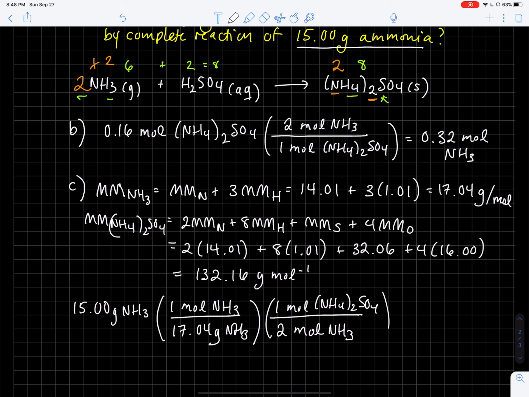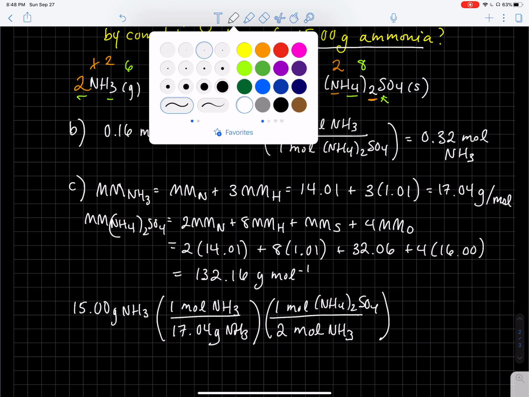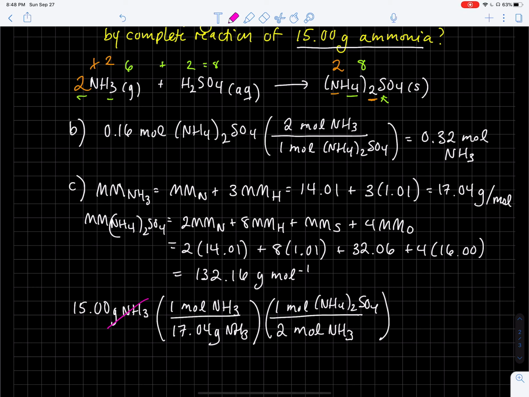ammonium sulfate. So just to make sure we're keeping up with the units, we got rid of grams of ammonia. Now we got rid of moles of ammonia. We're now at moles of ammonium sulfate. And so the last thing we want to do is turn it back to grams because the problem asked us to do that.